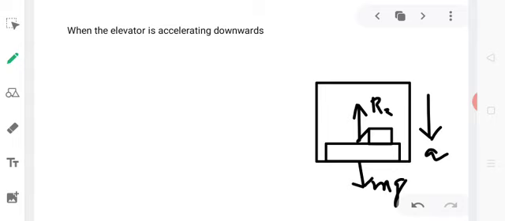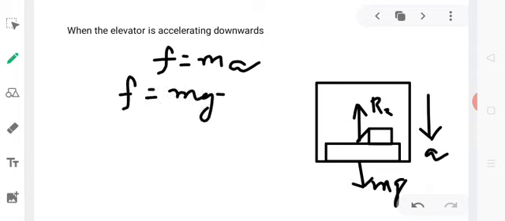When the elevator is accelerating downwards, suppose uniform downward acceleration of the person in the lift is given by a, then net downward force on the person F will be equal to m into a. Again, we can write F equal to mg minus R2.